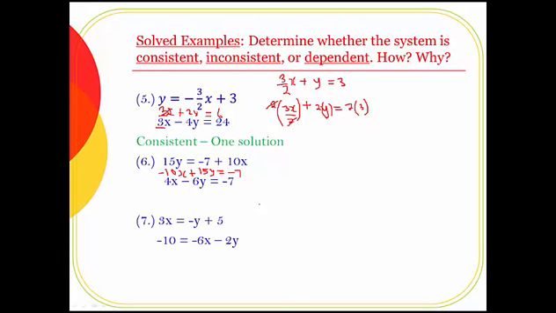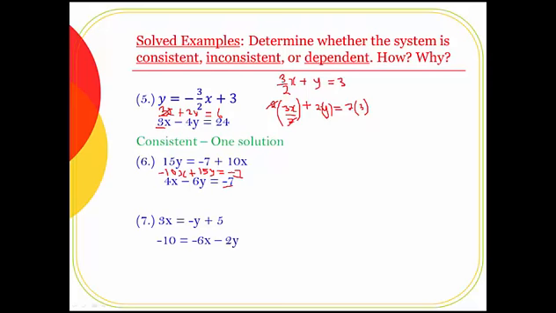I mean the system, not you. I can look at this right now and say that this system is inconsistent. Why? You've got negative 7 here and you've got negative 7 here. But 4x and minus 10x is not the same thing. Minus 6y and 15y is not the same thing.